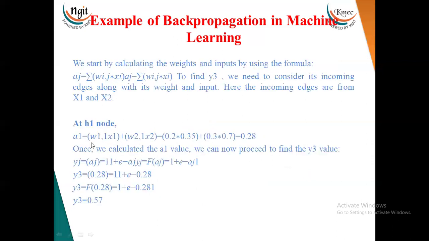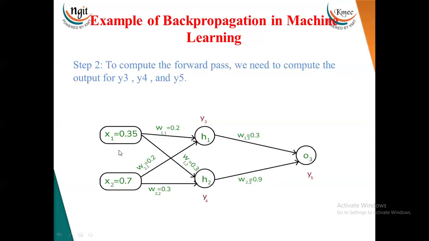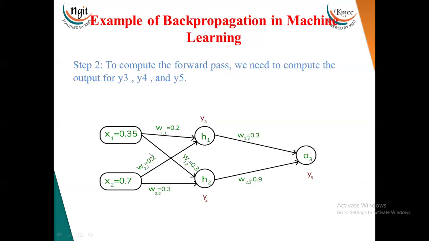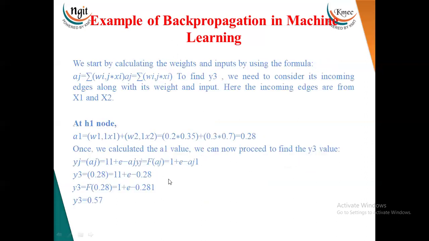So first we are calculating the H1 node. At y3, we first have to calculate Aj, which is a summation of all the values. So A1 equals W11 into X1 plus W21 into X2.